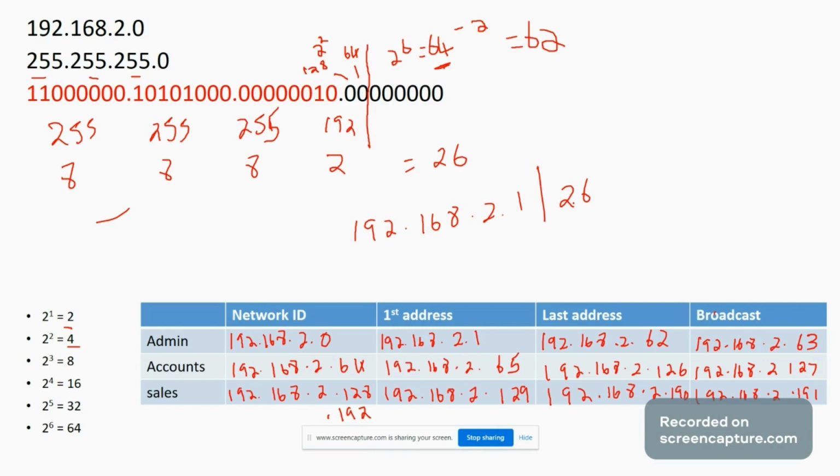In this case, it was 64. So we have network.0, network.64, network.128. Remember, you can't use the last number and you can't use the first number. First number indicates the network ID, and last number indicates the broadcast ID.